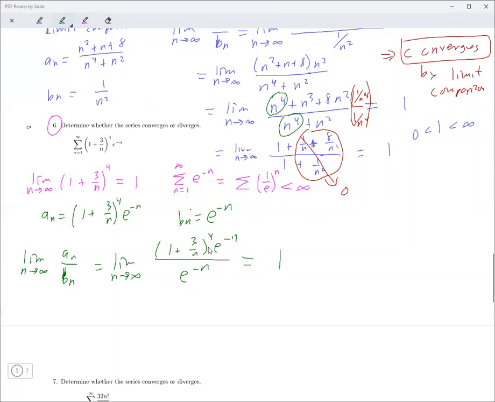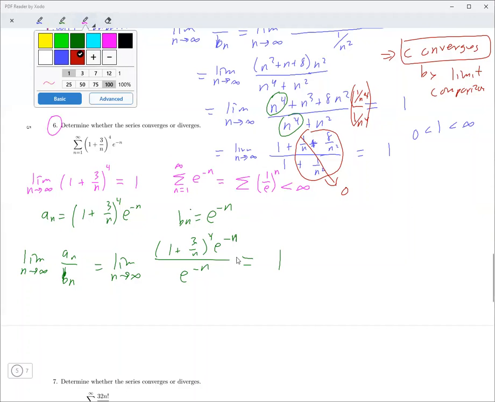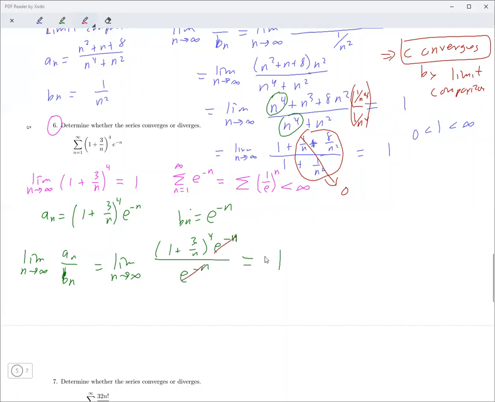This is just going to be 1, because this and this cancel, and then this goes to 1, like we said. Okay, so since this converges, this original series converges by limit comparison. Any questions before I move on?